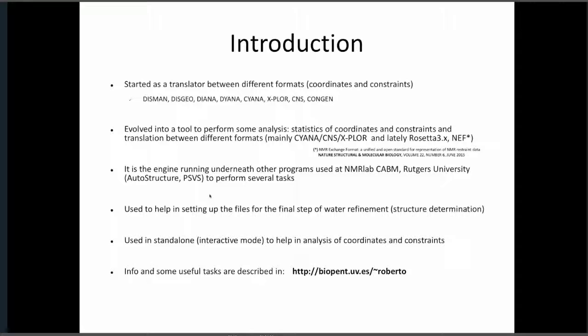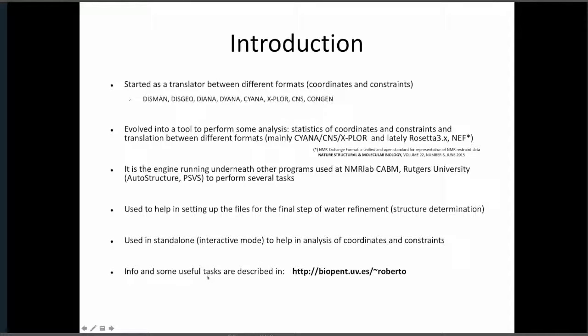It is commonly used also to help in setting up files, I mean just creating the needed files in CNS to do water refinement with CNS mainly. And the other use is as a standalone or interactive mode where people can do some analysis.